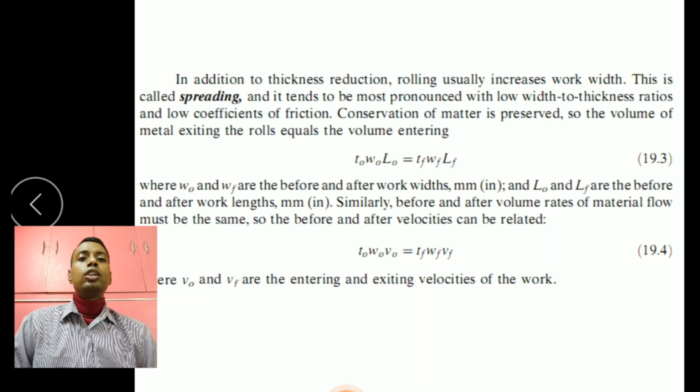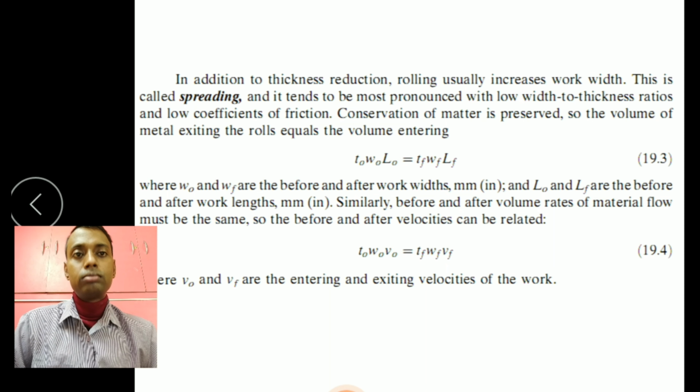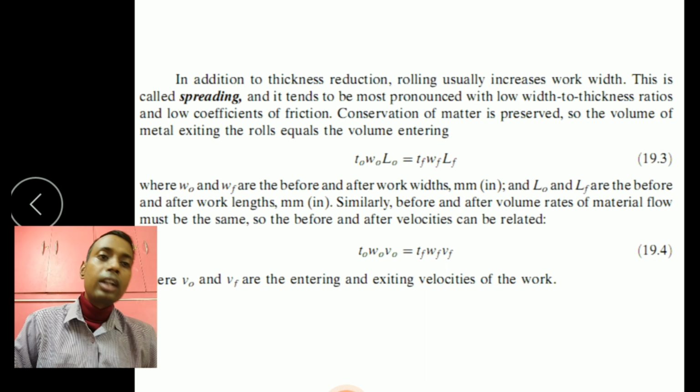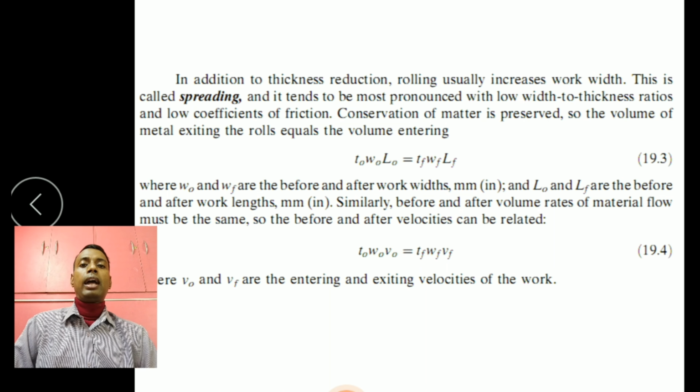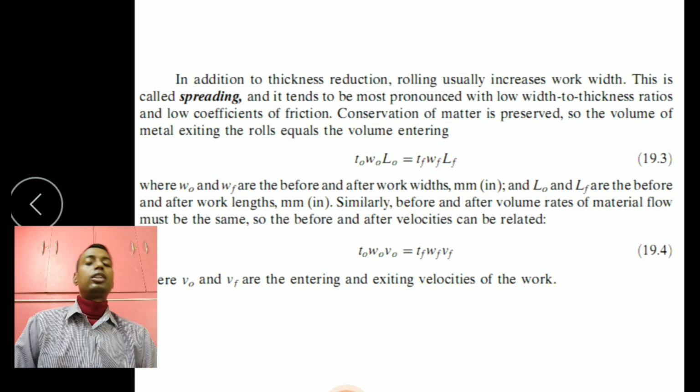That means T0, W0, and L0 are initial, before applying stress, and TF, WF, LF are after applying stress. Okay, so V0 and VF are the entering and exit velocity of the work.